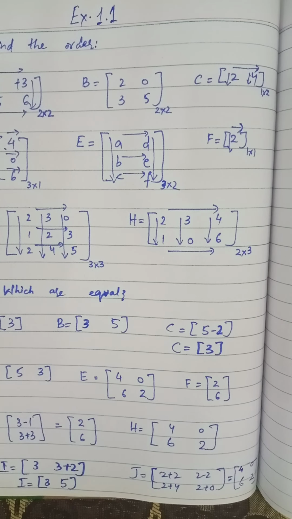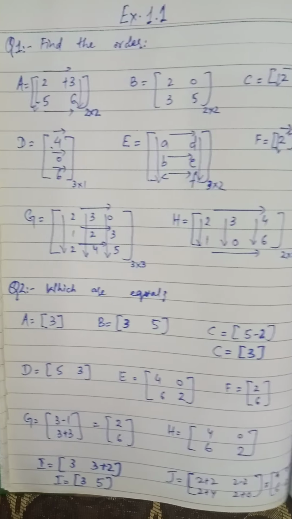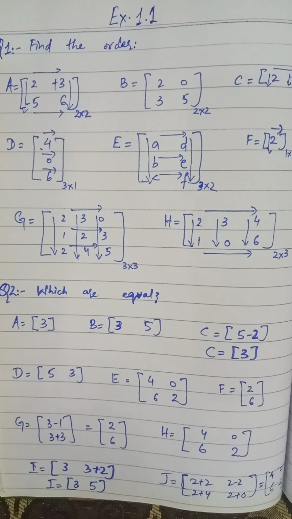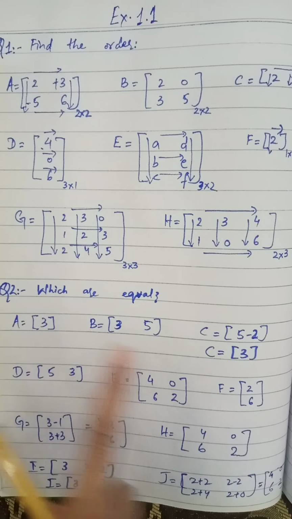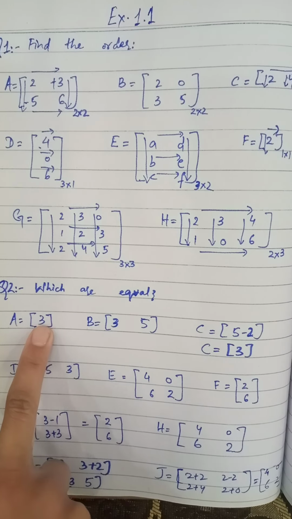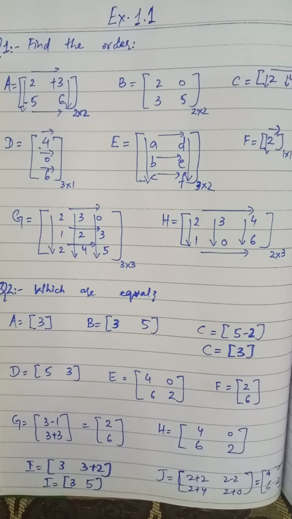When we are doing the simplification, if we are judging the equality of the matrices, then there would be two conditions, as I told you earlier. The first condition is that the entries of the matrices should be equal, and the second is that the number of rows and number of columns should be equal.